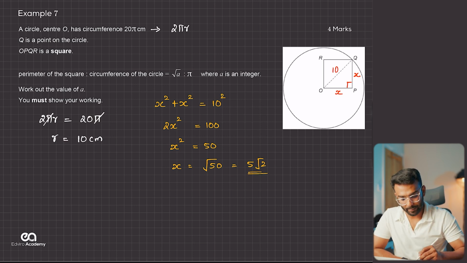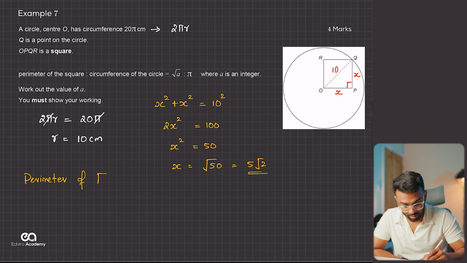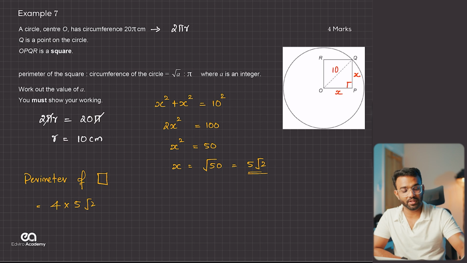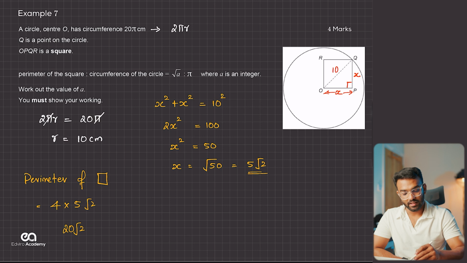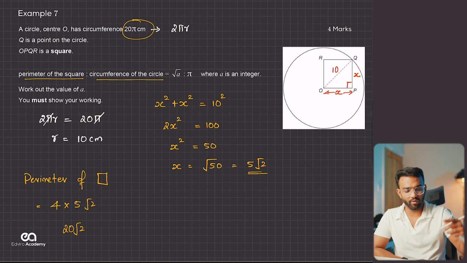The perimeter of the square would be 4 times 5 root 2, because we know the length of one side is just 5 root 2. The total perimeter is going to be 4 times 5 root 2, and that would be 20 root 2. So we're saying that the ratio of the perimeter of the square to circumference of the circle, which is already given right there, is square root of a is to pi.